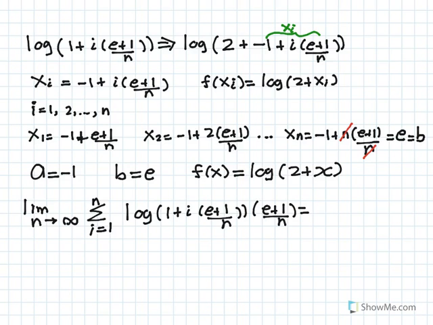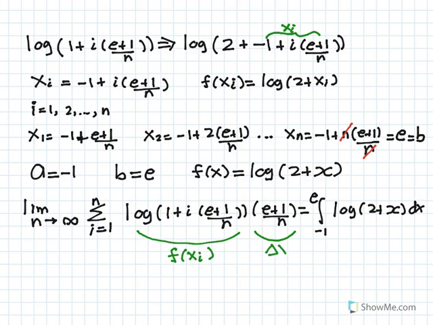We transform this into a definite integral, negative 1 to e, log of 2 plus x dx. So this part here is f of xi. That's the functional value. This part is delta x. The lower limit of integration is a equals -1. The upper limit is b is equal to e. This is the functional part in the definite integral. This is f of x, and this part is dx. The Riemann sum has been transformed into a definite integral.